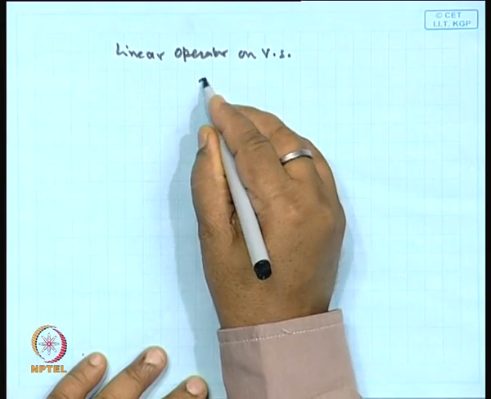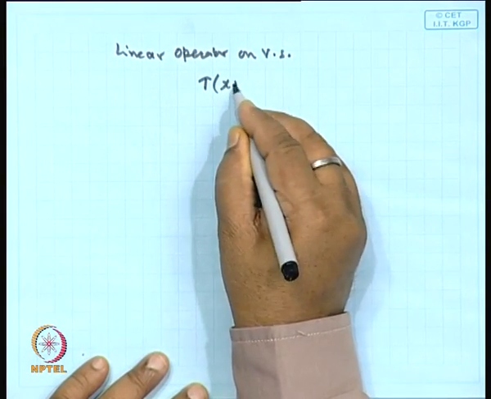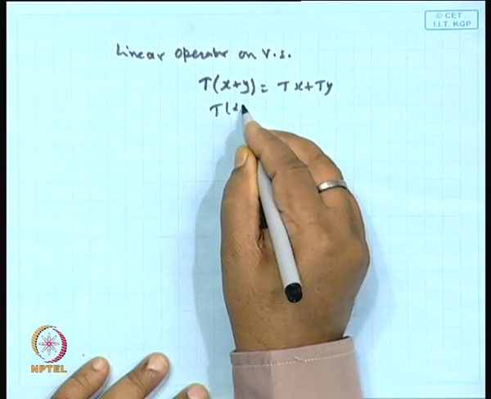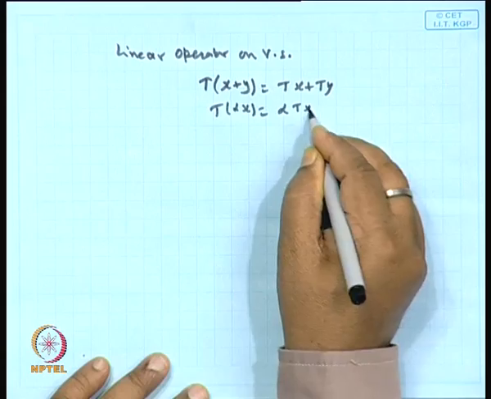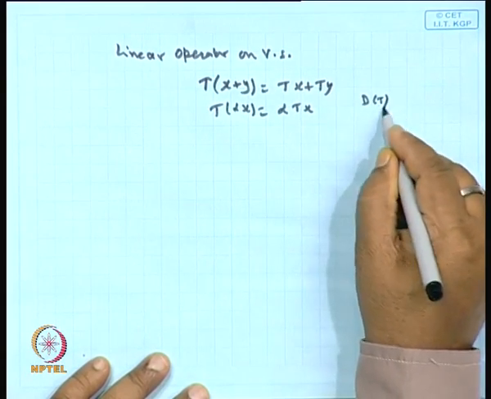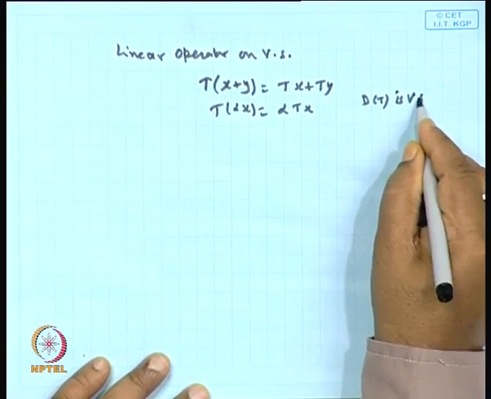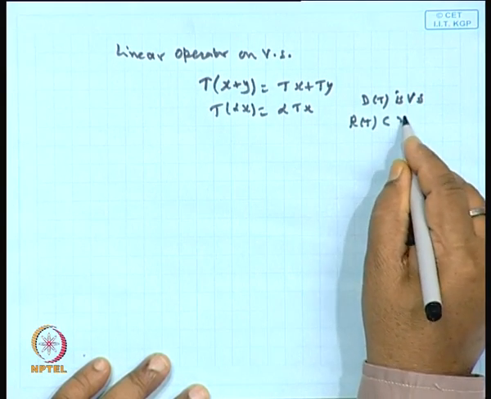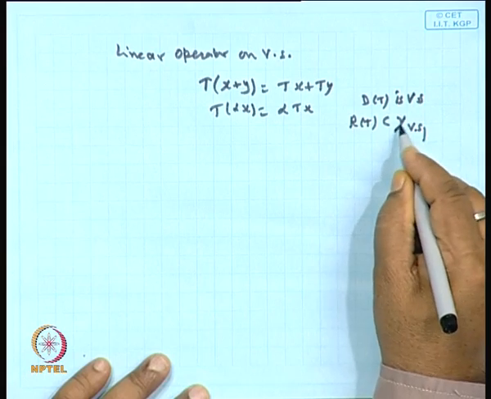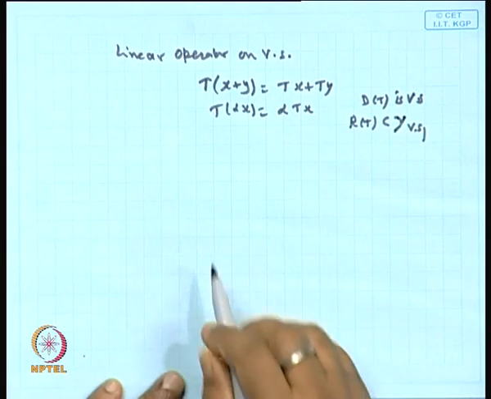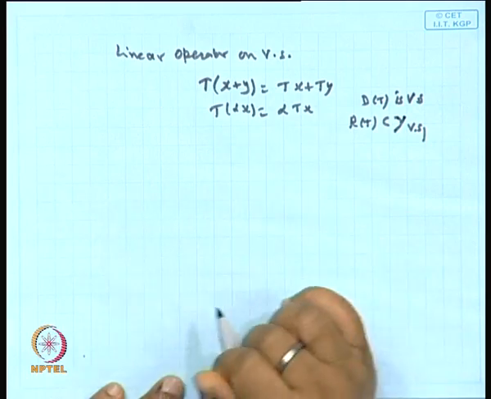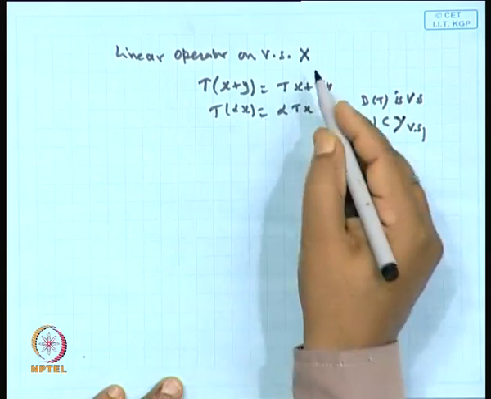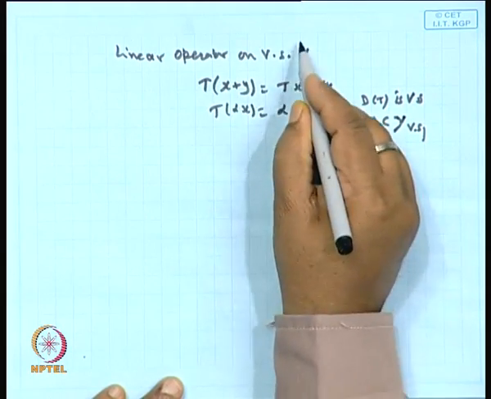This operator we defined as T(x + y) = Tx + Ty and T(αx) = αTx, where the domain of T is a vector space and the range of T lies in Y, which is a vector space. That way we defined the linear operator on a vector space, say X, T an operator from X to Y.